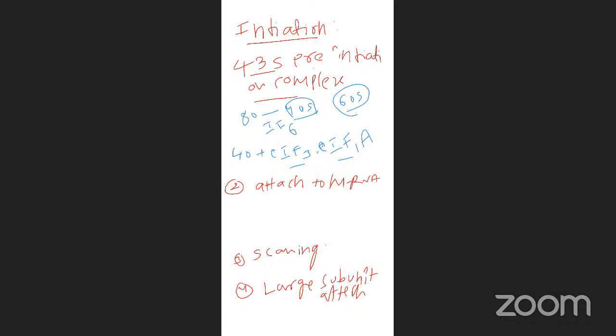This activated tRNA, with the help of eukaryotic initiation factor 2 plus GTP energy, forms this structure called the ternary complex.